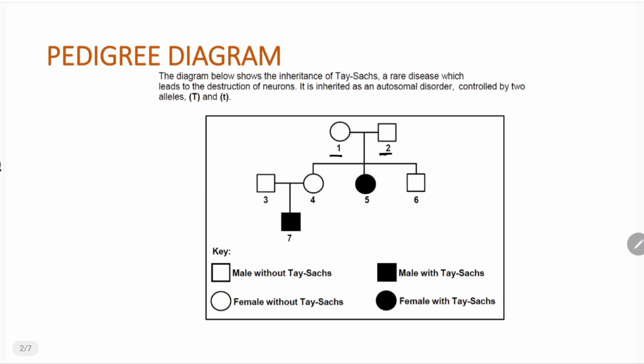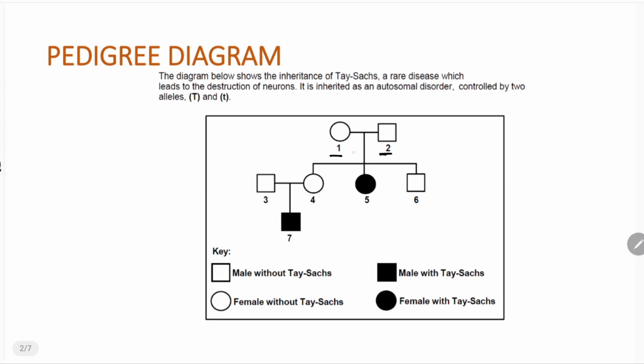A horizontal line like this between a female and a male simply tells us that these are parents, people who are maybe married, for example. A vertical line arising from this horizontal line tells us that individual 1 and individual 2 had offspring. They had children, right?